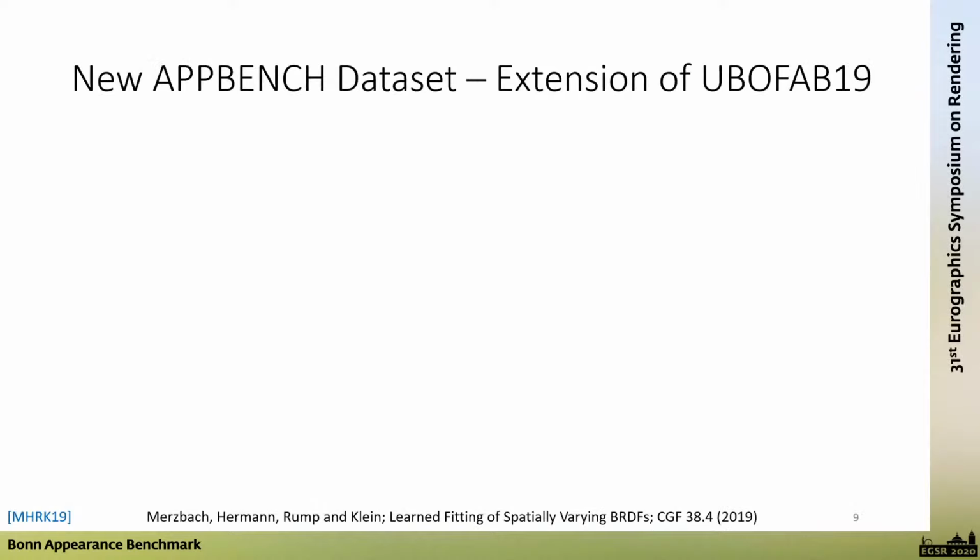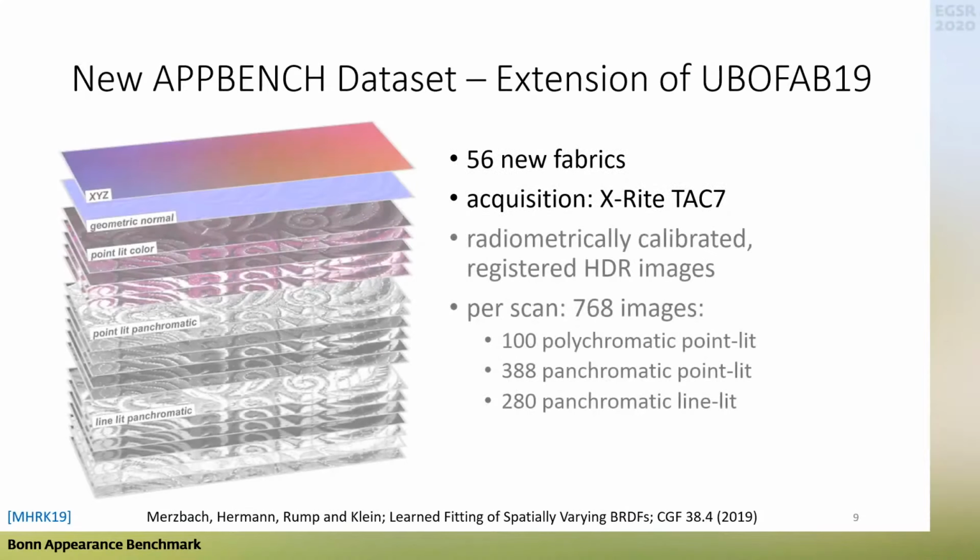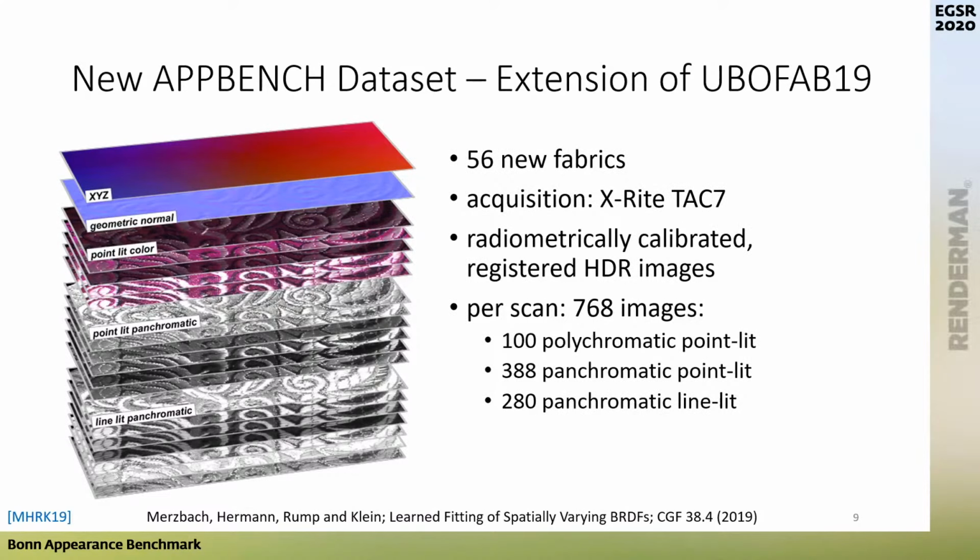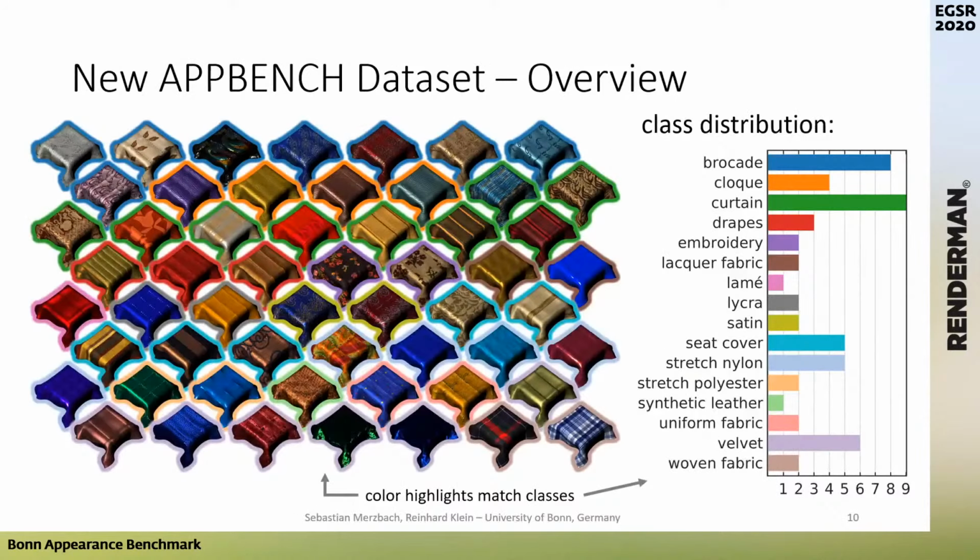We extend the UBOFAB19 SVBRDF dataset by 56 new materials acquired by X-Rite's Tech 7. Each material consists of 768 radiometrically calibrated HDR images. We try to cover a wide range of appearances by picking materials of several different colors, gloss levels, pattern complexities, or fabric types, such as brocades, embroideries, satin, and so on.